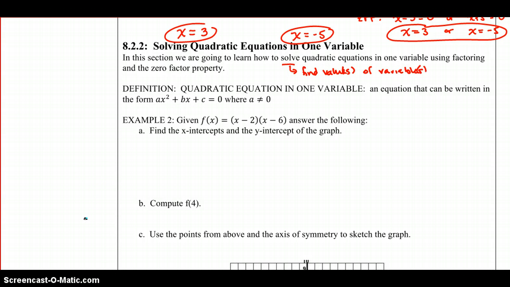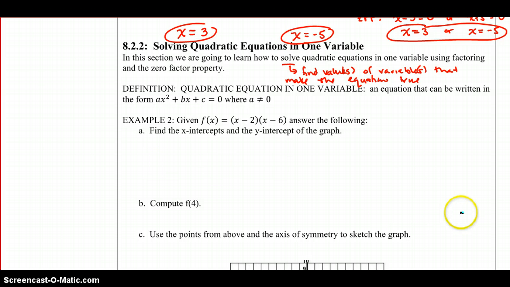And if we compute f of negative 3.5, we get negative 4.5. So that tells us that for an input of negative 3.5, we get an output of negative 4.5. Okay, so this point is also on the graph.